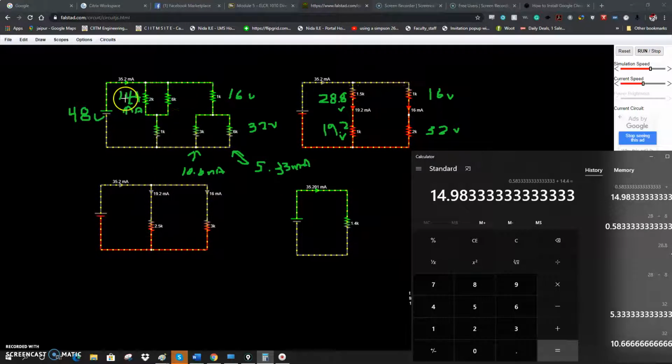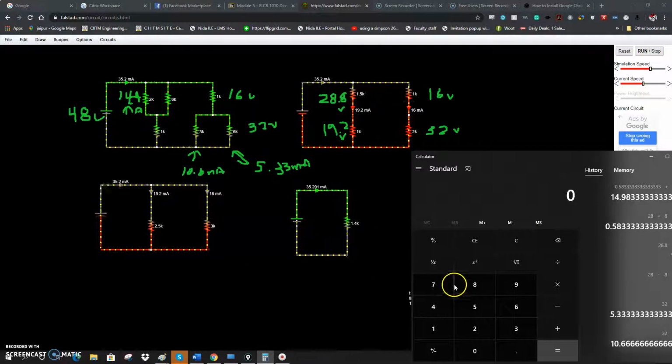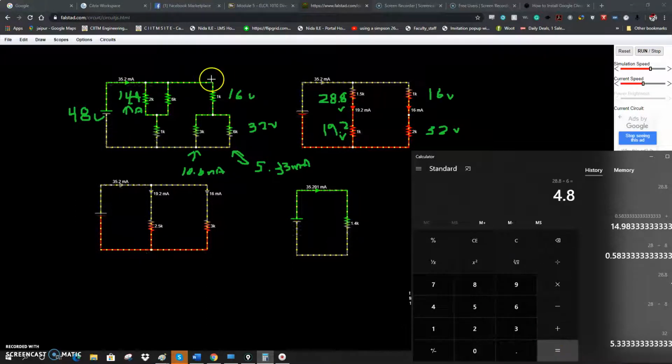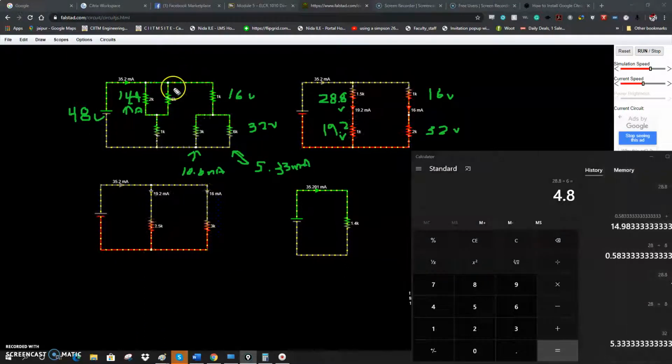So let me come back. I know this is right. 28.8 divided by 2 is 14.4 all day long. I think I screwed up when I did it by 6. 28.8 divided by 6. Yeah, that's 4.8. So let me write 4.8 there. I definitely had a fat finger or a fat mouse error on the calculator.